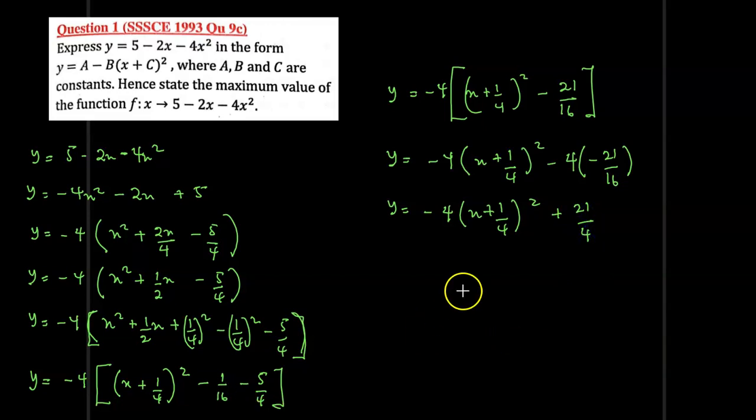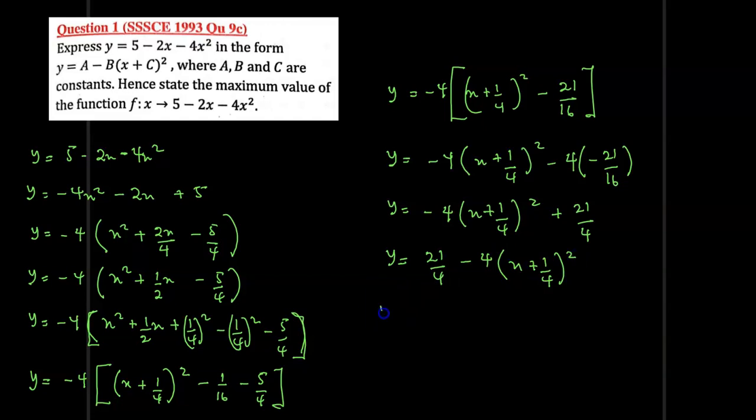So ideally, we've been able to express y equal to 5 minus 2x minus 4x squared in the form a minus b into bracket x plus c all squared. We can rearrange it. So y is equal to, to make it easier for you to compare, 21 on 4 minus 4 into bracket x plus 1/4 all squared.